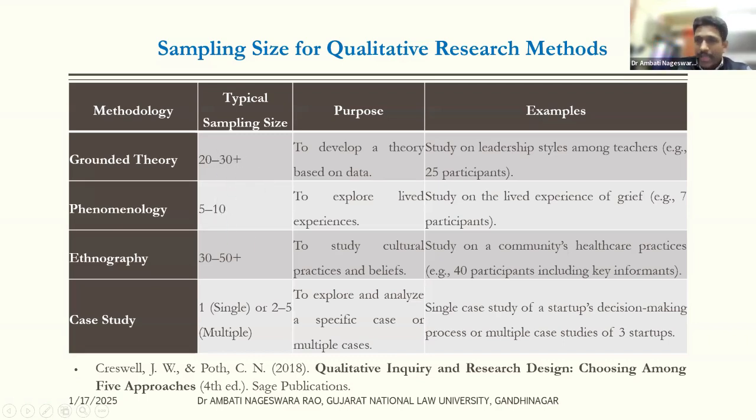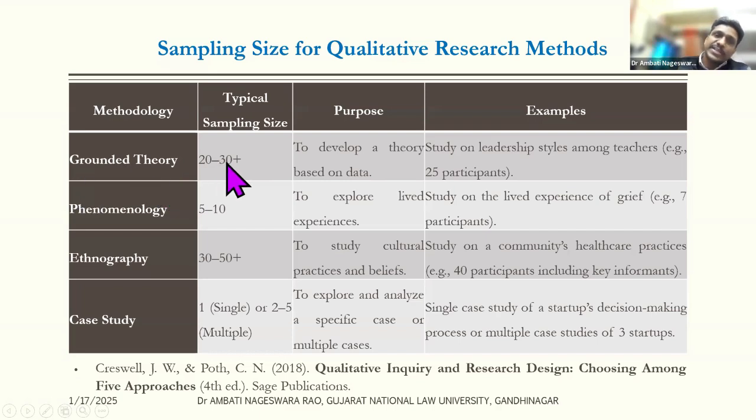When it comes to Creswell, as you all know, Creswell is a very popular scholar in the area of quantitative and qualitative research work, especially. He has given some of the important figures based on his experience. I have referred to one study when I was talking about grounded theory.